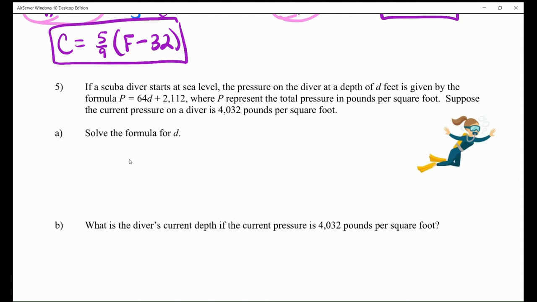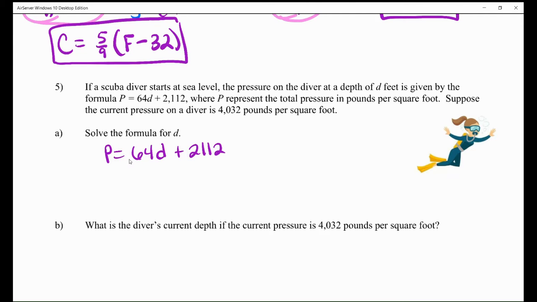Word problems for this section are just going to be formulas, and then the words are just going to give us context to the formula. So the formula we're going to use is P equals 64 times D plus 2,112. Now what this formula represents is the actual words in the word problem.